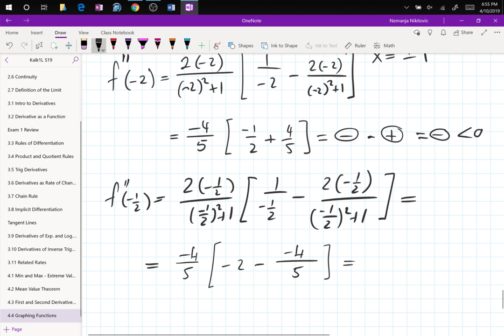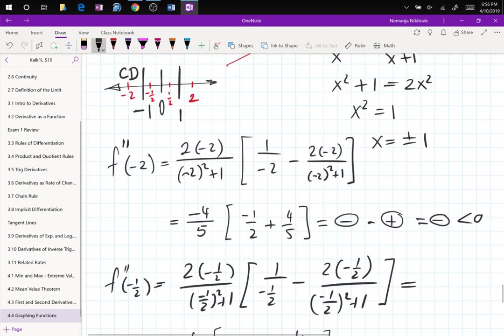Yes, this is a positive, so I can kill that minus and put a positive there. So negative 2 is still bigger, so negative times negative is a positive. So concave up now. There we go.